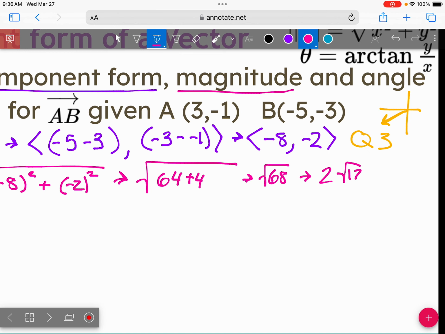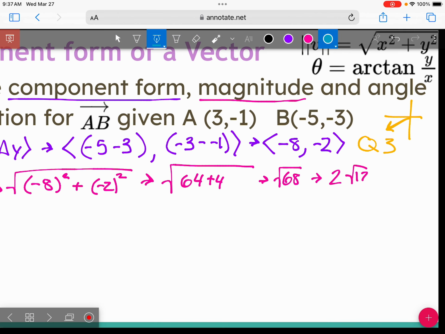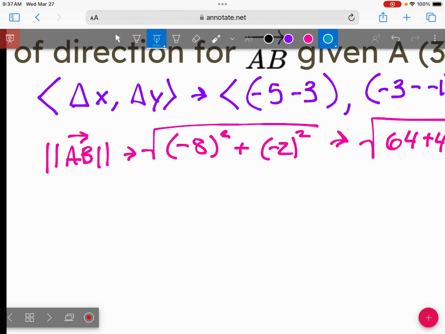And our last piece of this is to find our angle. We're trying to figure out this angle here. It's coming from standard position, so it's coming from my x-axis on the right-hand side. So our theta is going to be the inverse tangent, so arctangent, and we do our y over x. So my y is -2 and my x is -8.